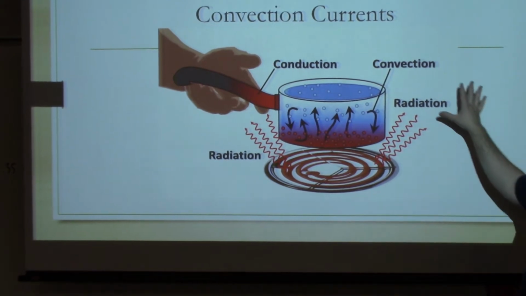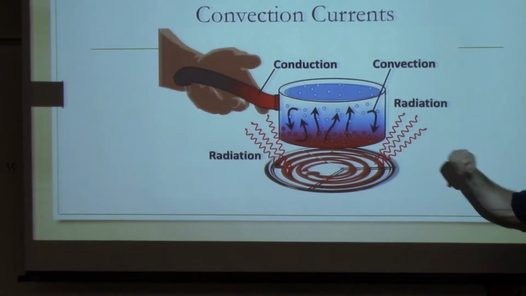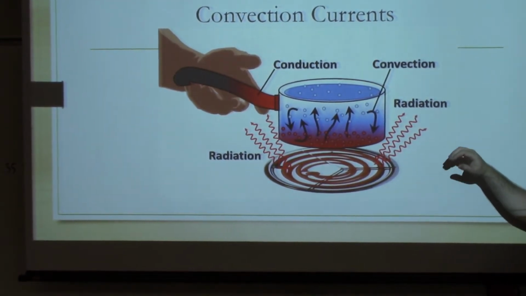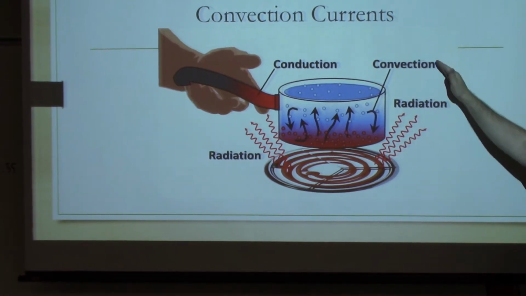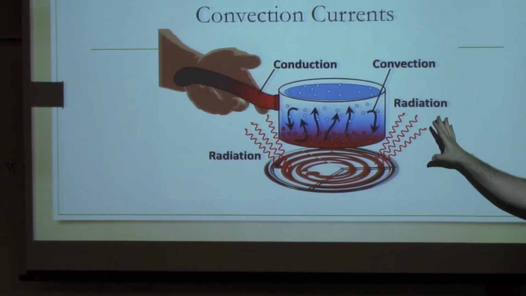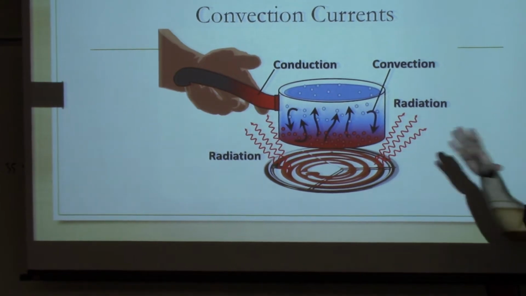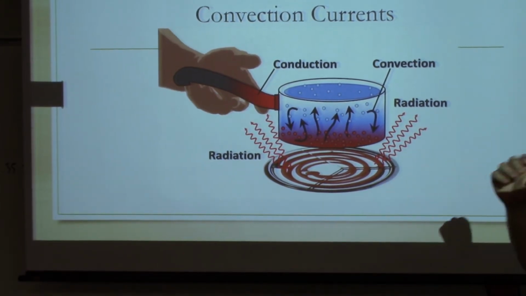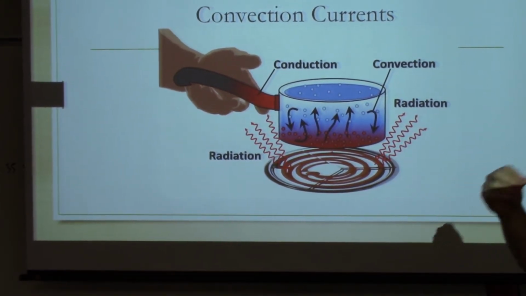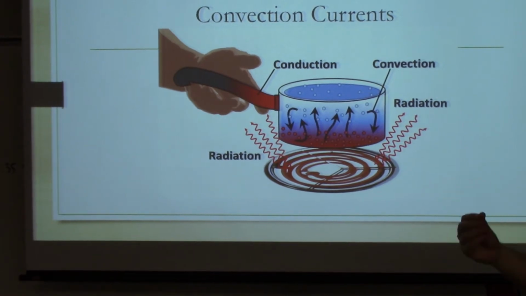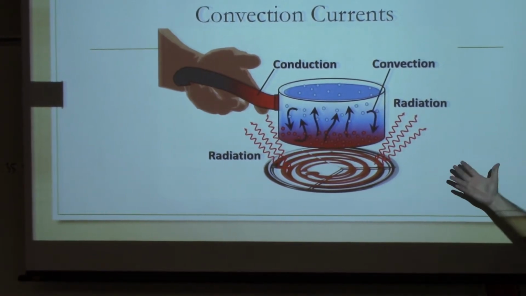Looking at these different types of energy transfer, understand that convection, radiation, and conduction can all transfer thermal energy. Thermal energy is the speed of the molecules. It is the kinetic energy of the molecules that make up matter, and it's how fast they're moving.